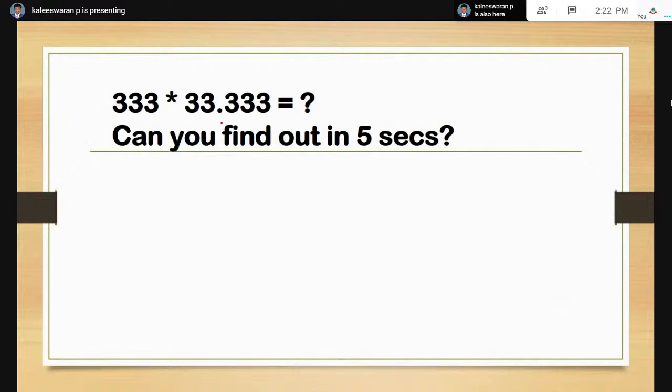By seeing the number 33.33, you know very well this is not an ordinary number like 17, 18, 20, 21. 33.33 has some unique speciality. What is the identity of 33.33?